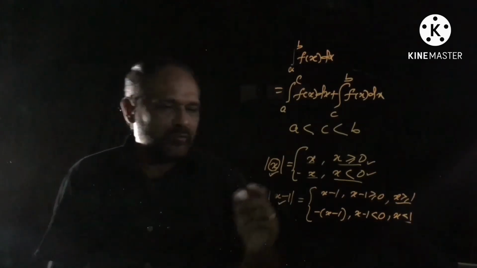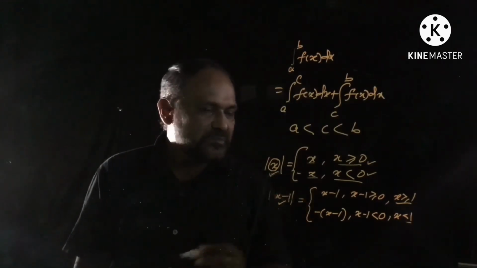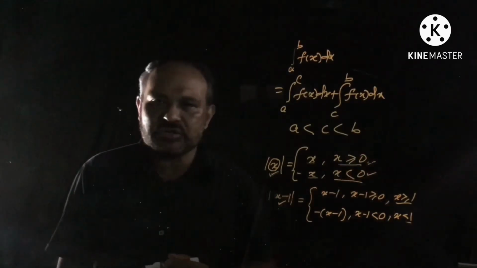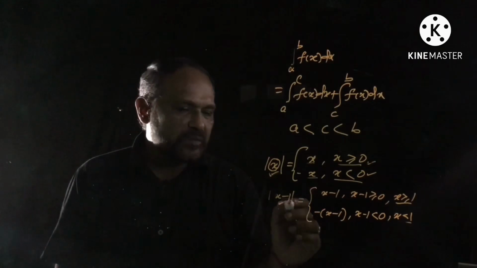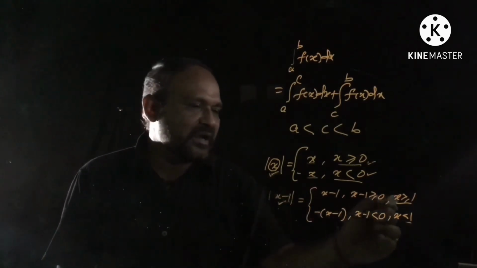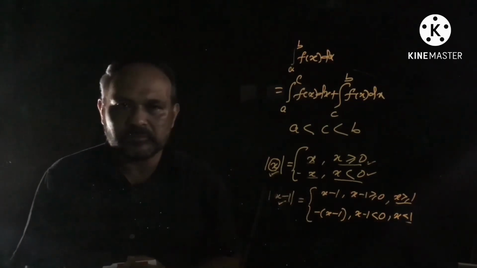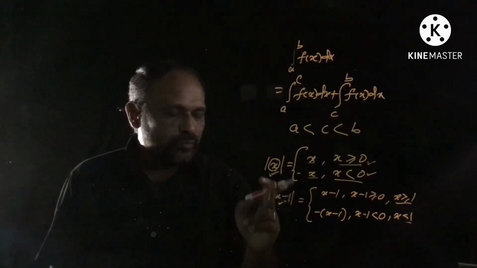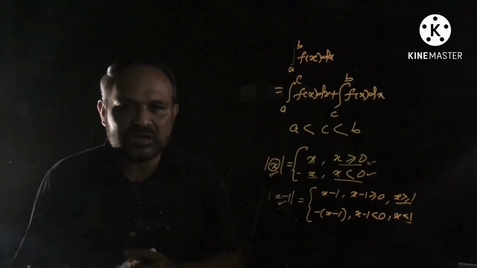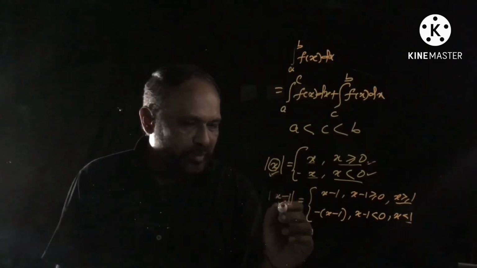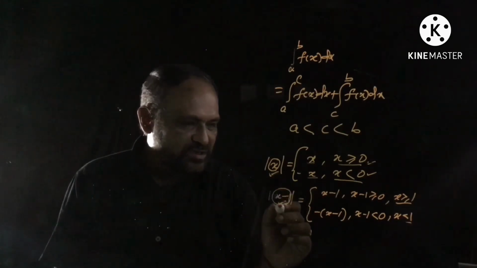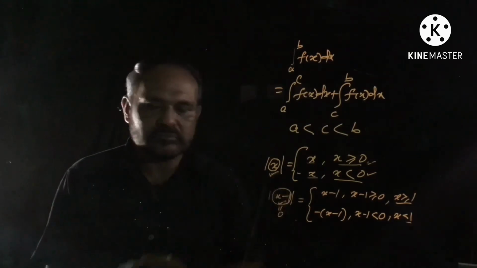See here, modulus of x breaks at x equal to 0 and modulus of x minus 1 breaks at x equal to 1. We break the modulus function where the value present under the modulus is equal to 0.